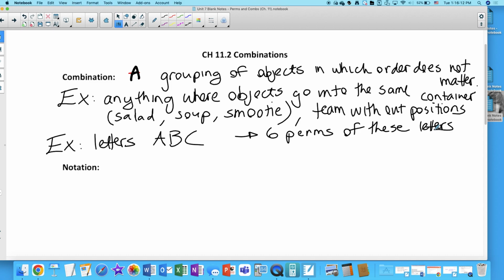There are 6 ways that you could attempt to arrange them on a Scrabble board. Of course, a couple of them will get thrown out because in Scrabble they also have to be words. But you could try. There would be 6 possible arrangements, but there's only one grouping. If those are the letters that you have on your little Scrabble tray, it's still the same group of letters, right?